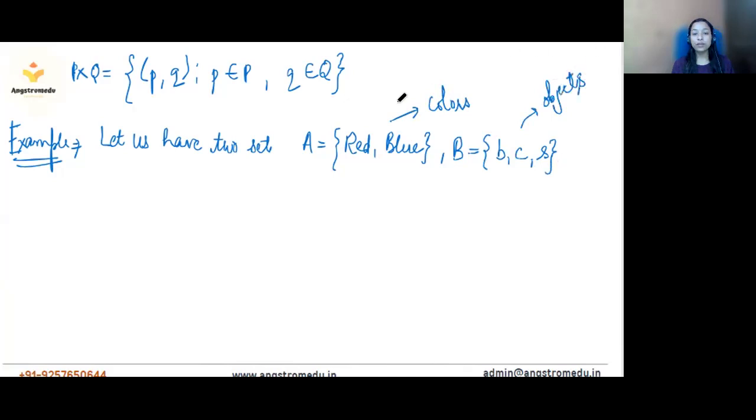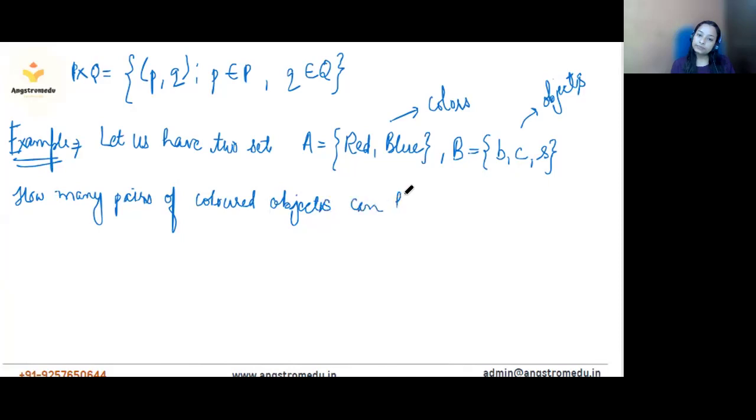So now the question arises, how many pairs of colored objects can be made from these two sets?